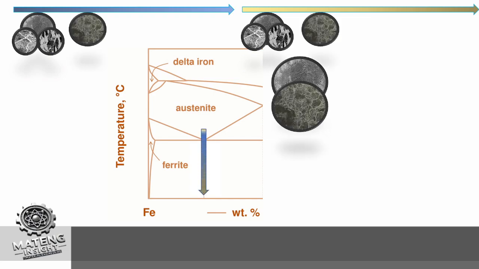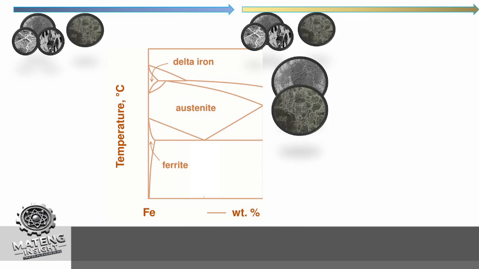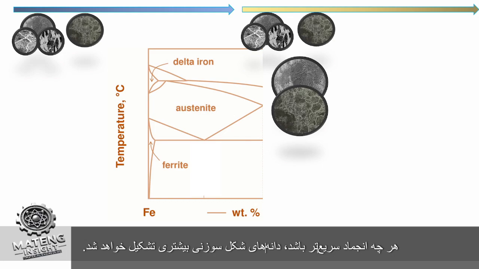In summary, an equilibrium condition brings about pearlite microstructure, but if the cooling rate is a bit faster, a structure called Widmanstätten is created, and ferrite grains with needle shape are formed. The faster the cooling, the more grains with needle shape will be formed.